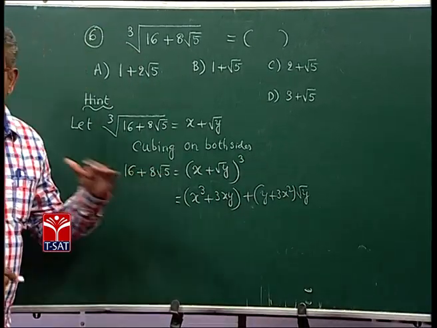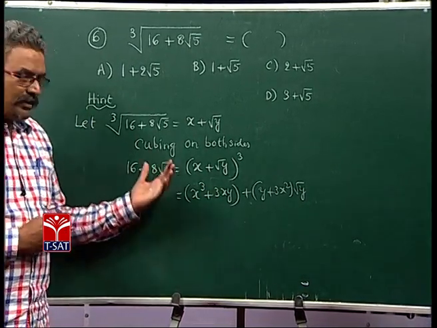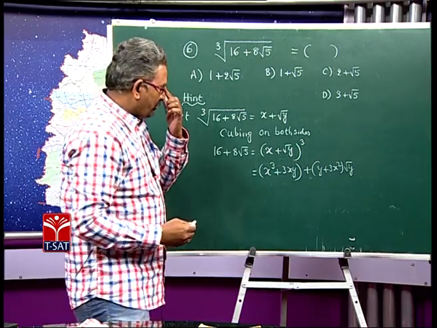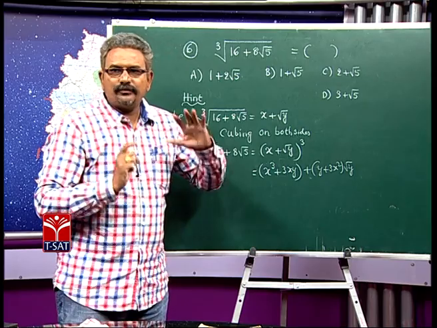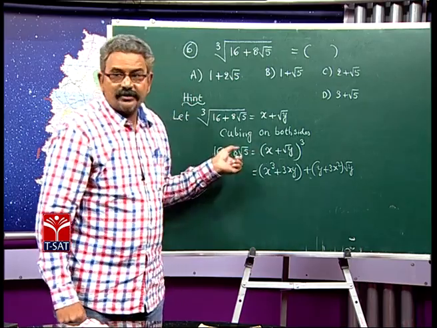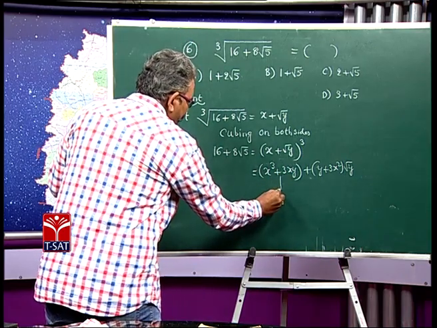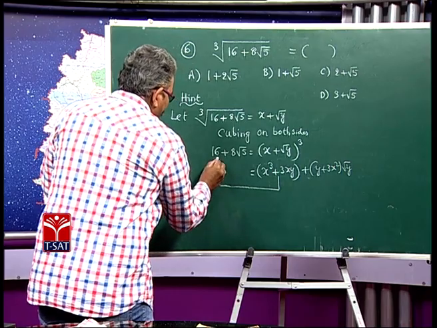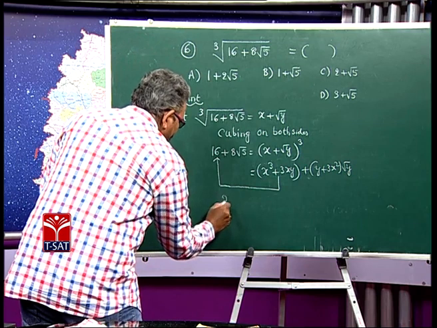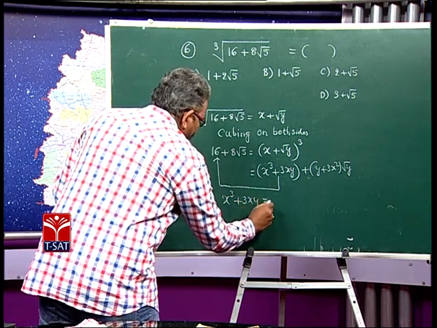You might have recollected, or even if not, go through the first edition of our surds once again. Now, in this case, for cube roots, always look for rational parts. So, comparing rational parts on both sides, this is equated to 16. That means x cube plus 3xy is equal to 16.